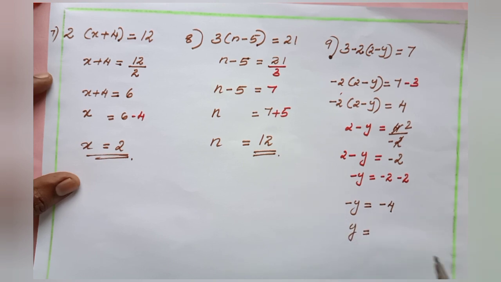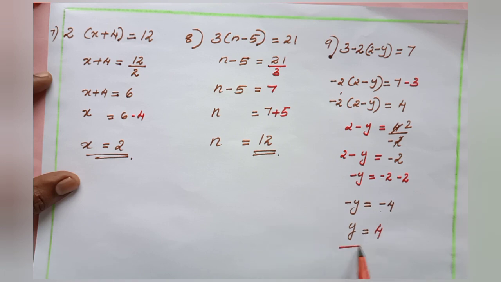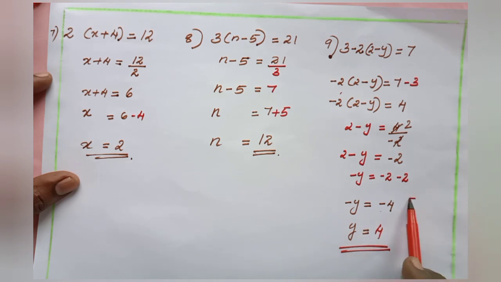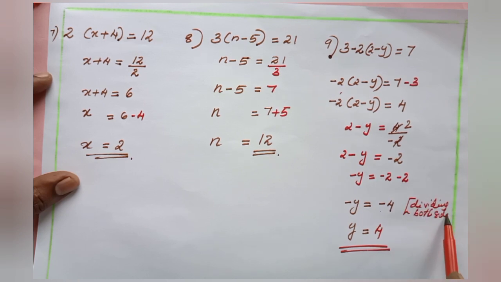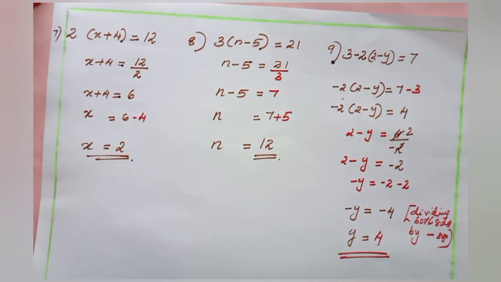Dividing both sides by the negative sign, negative divided by negative is positive, so y equal to negative 4 divided by negative, which is positive 4. Okay, y equal to 4 is the solution of the equation.